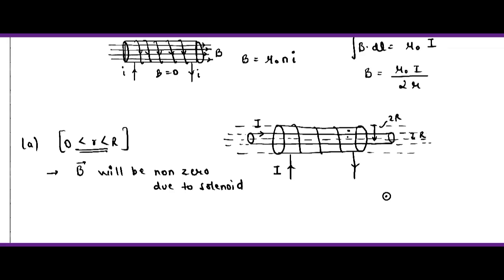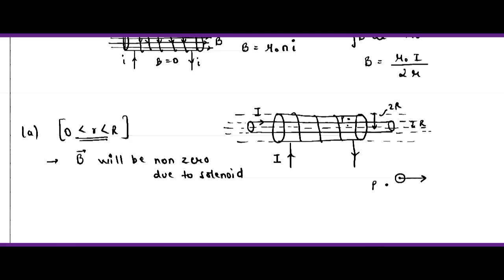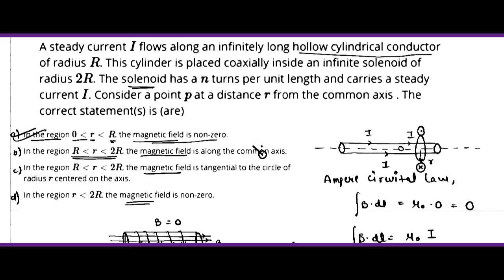Let's say this point is P. Due to the hollow conductor, the magnetic field at this point would be dot polarity, coming out of the plane of the screen, and due to the solenoid it would be along the right direction. So we can say that the magnetic field will not be along the common axis, because the resultant field would be somewhat cross magnetizing and not along the common axis. Hence the given statement B is false.